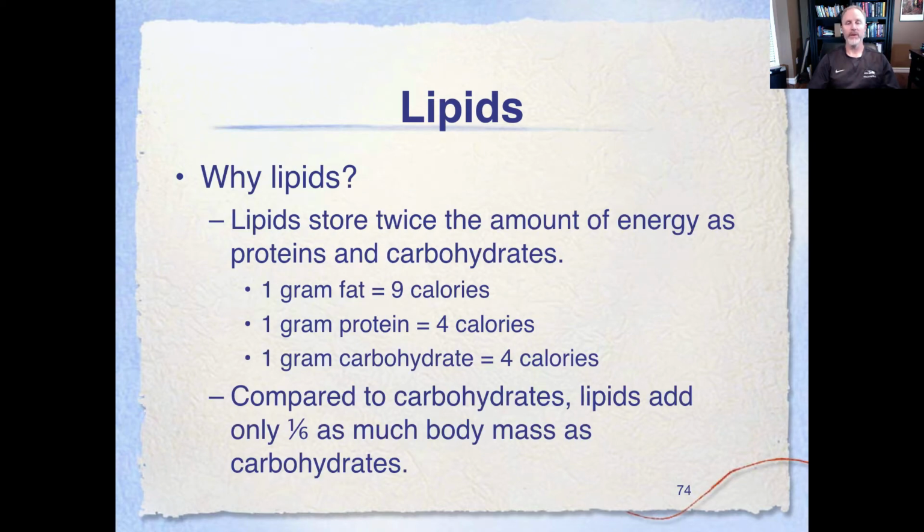The reason is that you can get a lot more energy from lipids than you do from a protein or a carbohydrate. For instance, you get 9 calories per gram in fat versus 4 calories per gram in proteins and carbohydrates. In addition, it only takes up about 1/6 the mass that you would need to store an equivalent amount of carbohydrate. So the lipids have a lot more energy and they're a lot more lightweight.